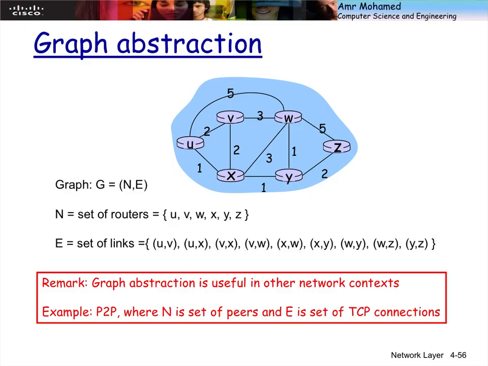So this way I can model the entire network as a graph. And then we can plan the routing algorithm and design it based on this graph abstraction. I don't have to worry about what the technology is here or here. All I need to worry about is that I can abstract it using a graph, and then I can represent the actual technology between these links using numbers.